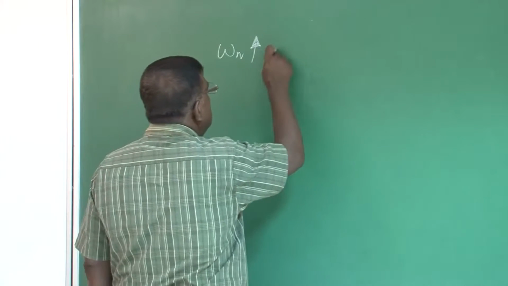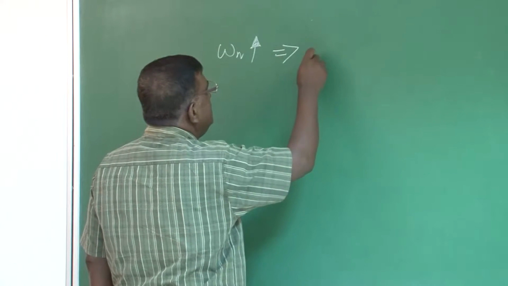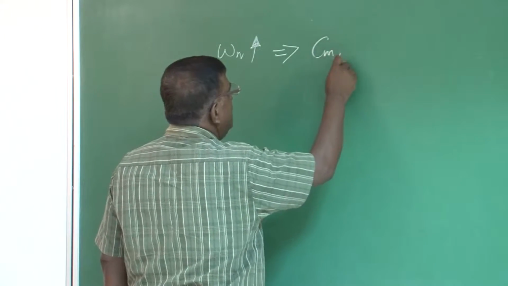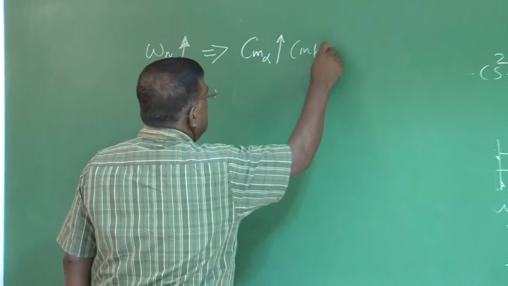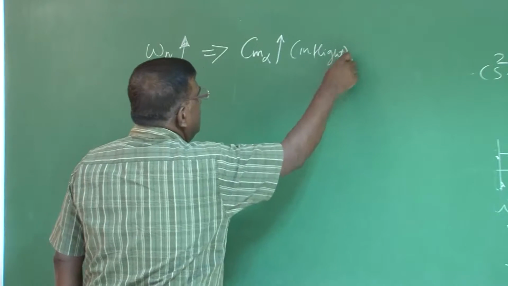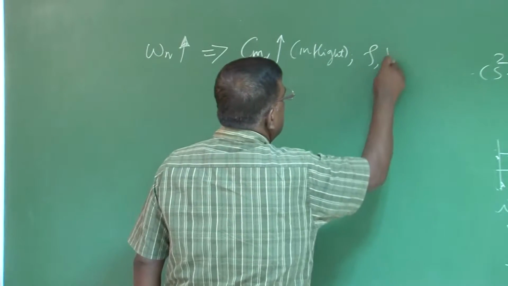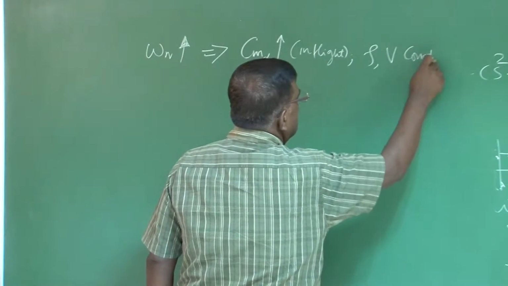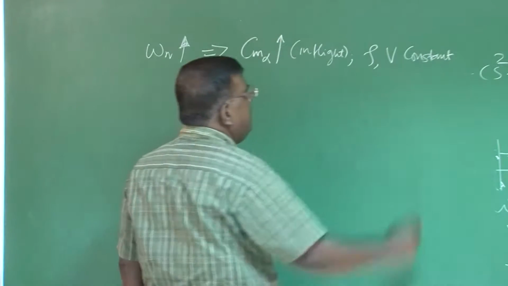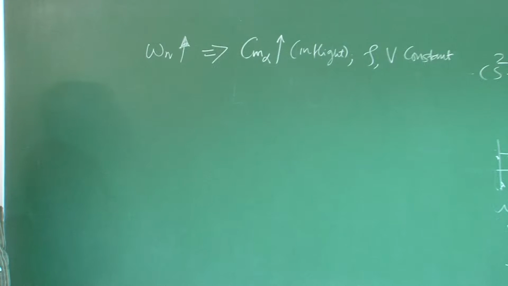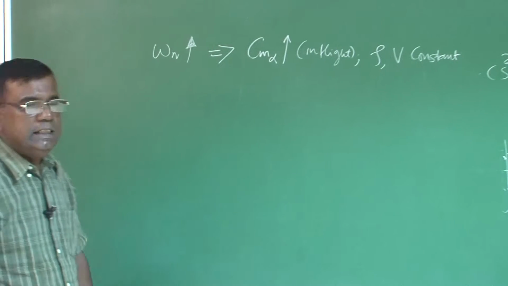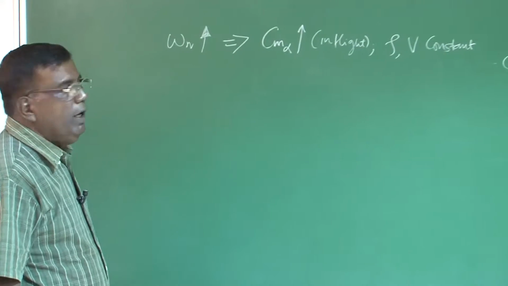Omega n to be increased, that means I need to increase Cm alpha in flight, keeping rho v constant. That is, at a given altitude, at a given speed, I want Cm alpha to be increased so that omega n is increased. How do I do?